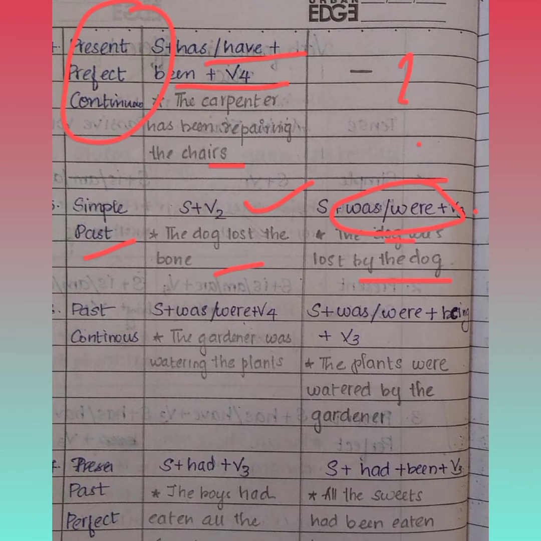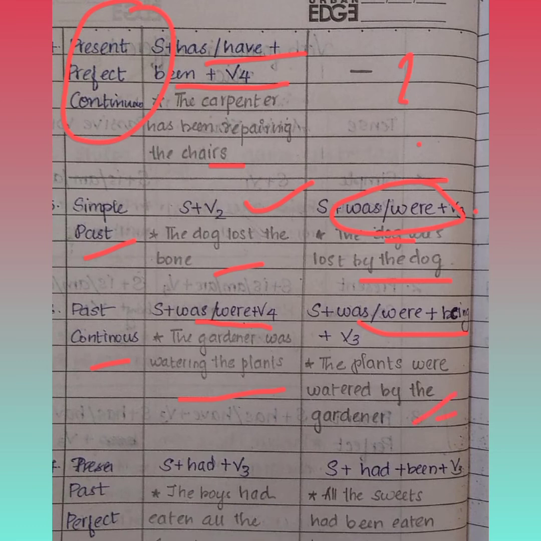So the active voice in past continuous tense: subject plus was or were plus ing form of the verb. The gardener was watering the plants. The passive form will be subject plus was or were plus being plus V3 form of the verb. That is, the plants were being watered by the gardener.